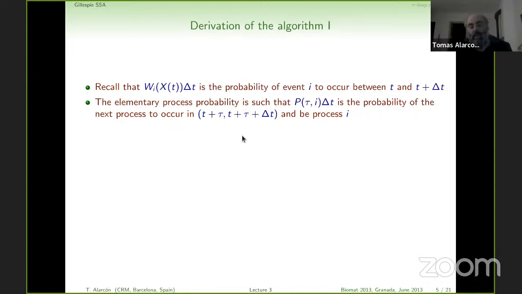Basically, what we are asking here is what is the waiting time probability, the time that we need to wait for the system to undergo some sort of transition.